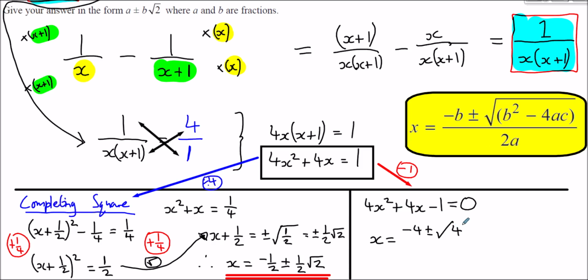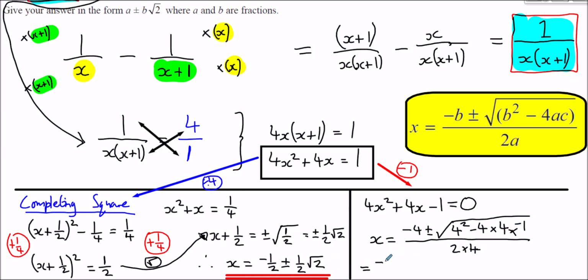So for us, that's 4 squared minus 4 multiplied by a, which here is 4, multiplied by c. Our c value here is minus 1, not 1. There's a minus sign in front, so be careful and make sure you put minus 1. And all of that's going to be divided by 2 lots of a, where 2a means 2 times 4, because our number at the front is 4. So with a bit of neating it up, we can now get to the same conclusion.